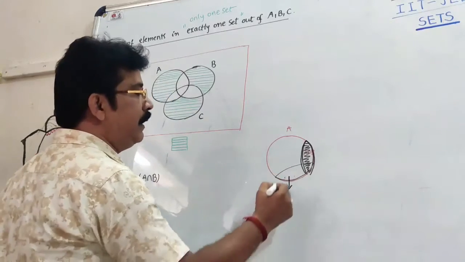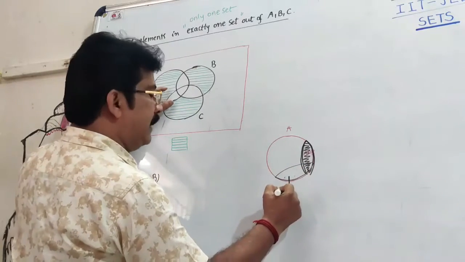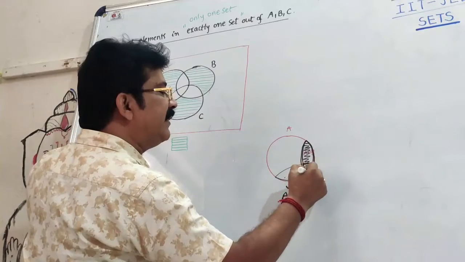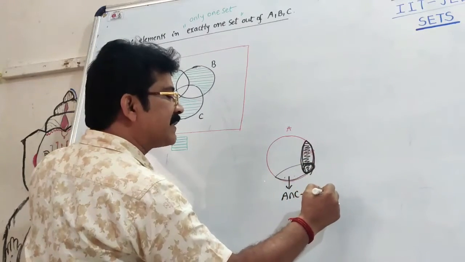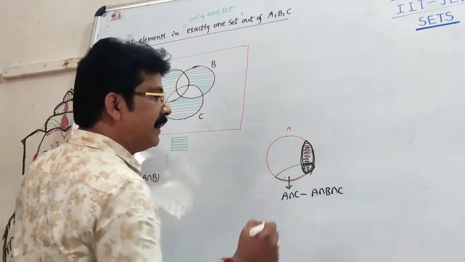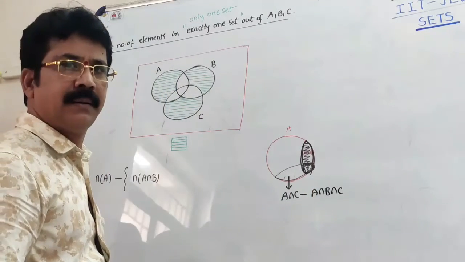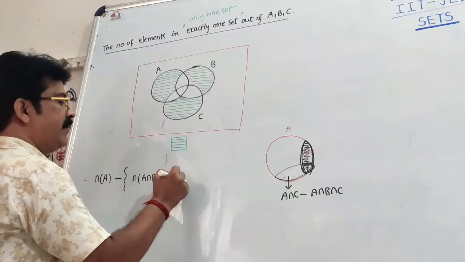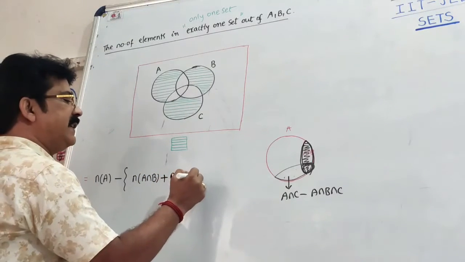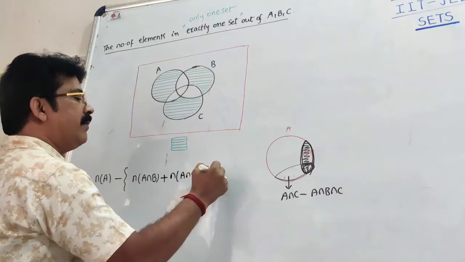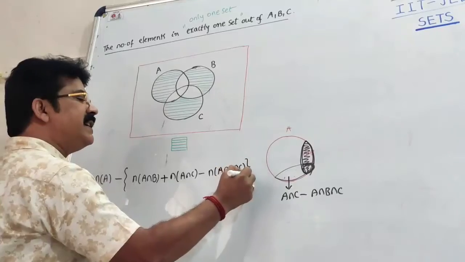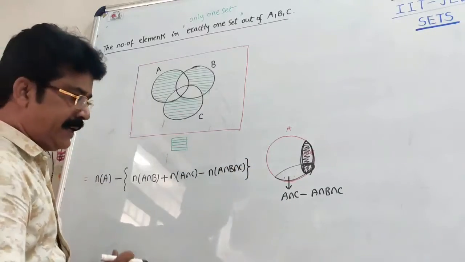Only this area means A intersection C minus this area, A intersection B intersection C. Understand? So plus n of A intersection C minus n of A intersection B intersection C. Did you understand?